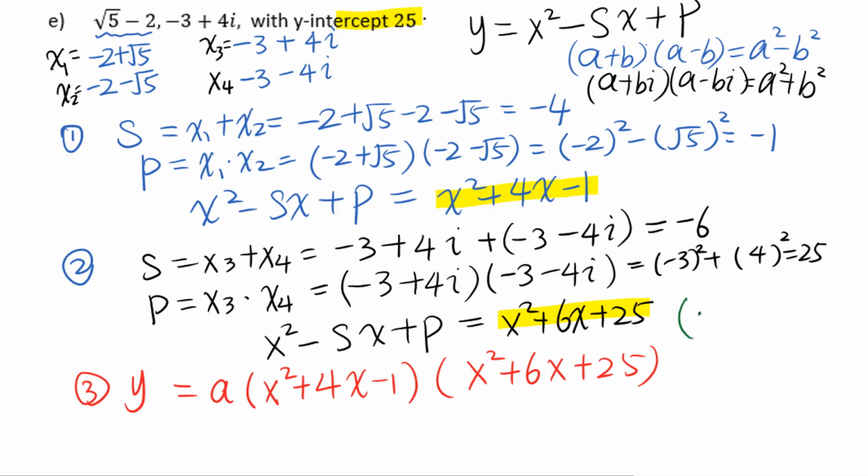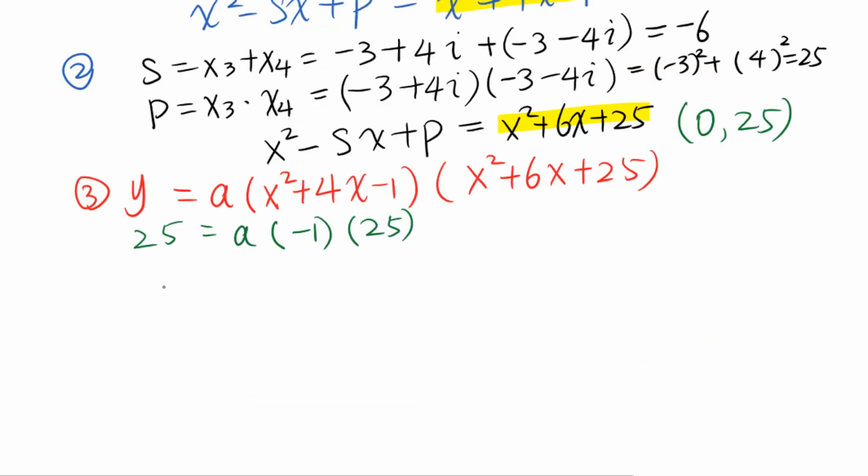So we plug in 0, 25 into this function to figure out a. 25 equals a times 0 squared plus 4 times 0 minus 1 is negative 1. 0 squared plus 6 times 0 plus 25 is 25. So 25 equals negative 25a. A equals negative 1.